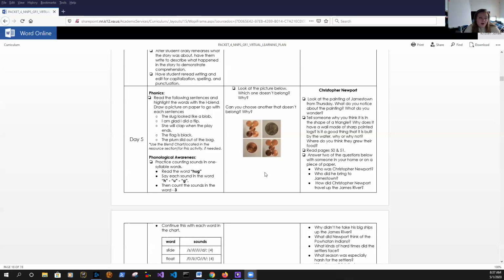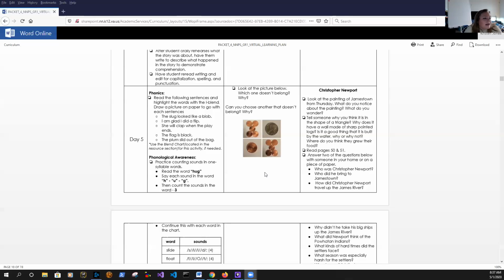So this is using our money skills that we have learned. So see if you can figure out one that doesn't go with the rest. And then see if you can figure out a different one that doesn't go with the rest for a different reason.